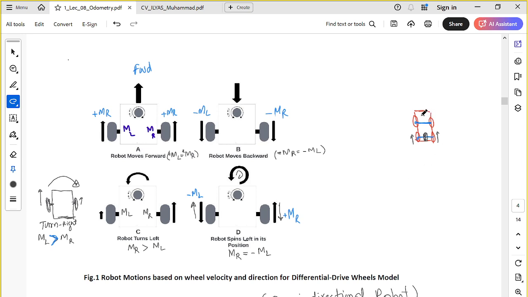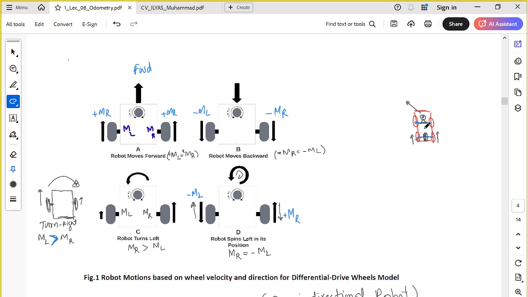And here you have the steering mechanism. This steering mechanism will give you the direction, right? The rear wheels will give you the forward motion, and the front wheels will give you the turning motion, the steering.